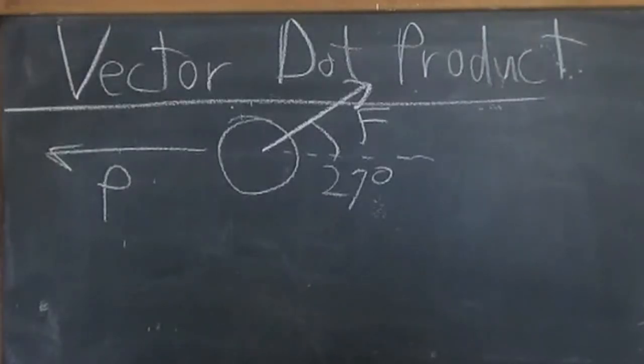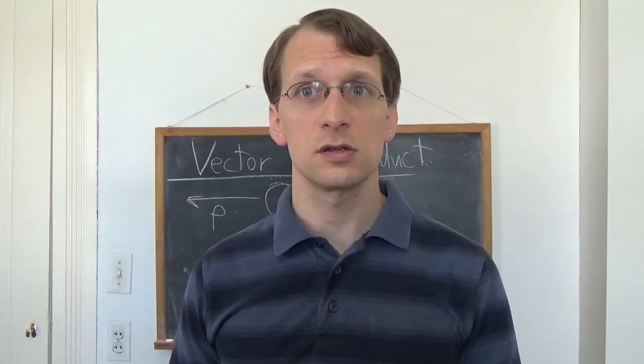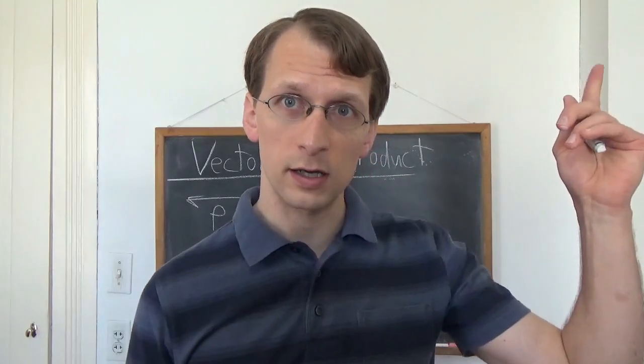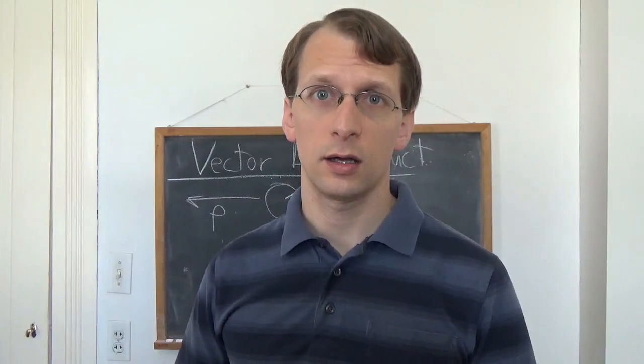So to find the parallel force, what we'll do is a dot product with the force and the momentum unit vector. Now, if you need more info on unit vectors, you can click into this video right here, and that's about what a unit vector is.